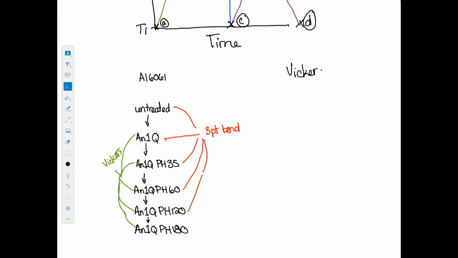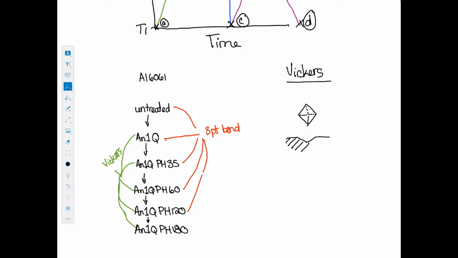Vickers, that's what we have here. With the Vickers test, we get an indentation, which looks something like this if I take a cross section of my sample.